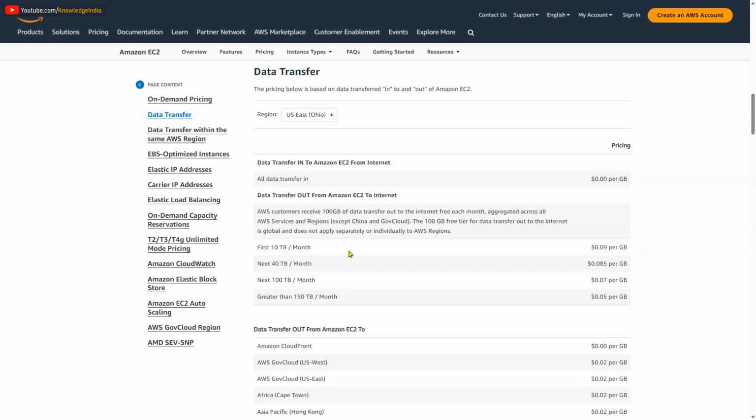If you are sending a lot of data, then you start getting lower charges. But let's say for the first 10 TB per month, it will be 0.09 per GB. It differs from region to region, but the idea is not to remember these numbers. The idea is to understand the concept. So this is simple: traffic comes from the internet to EC2, and then traffic goes from EC2 to the internet. I hope this is quite easy.